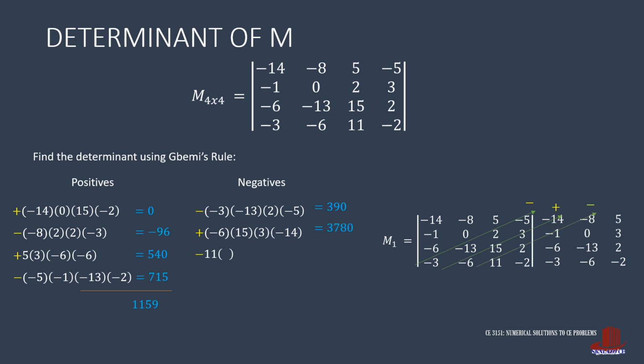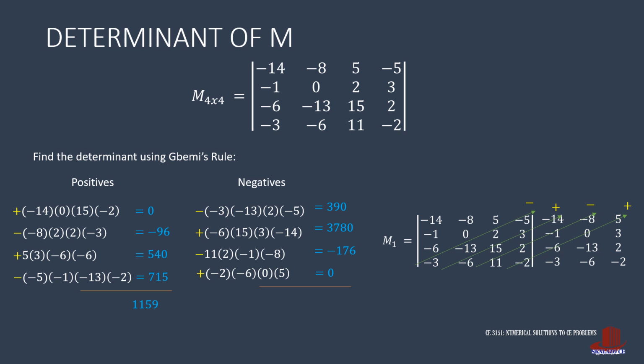The following negative includes 11, 2, -1, and -8, resulting to -176 when multiplied. Then, the last anti-diagonal has -2, -6, 0, and 5, multiplied but still gives 0.